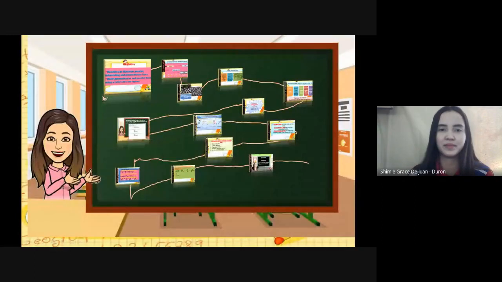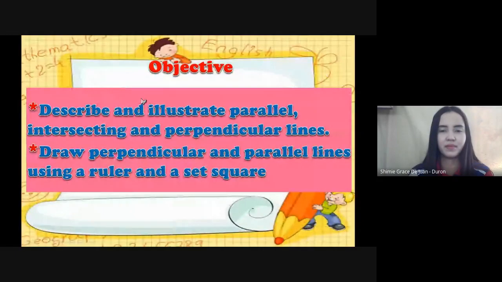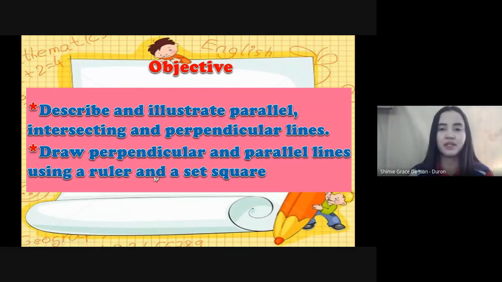So let's go over the objectives of our lesson for this week. You are going to describe and illustrate parallel, intersecting, and perpendicular lines. And you will also be able to draw perpendicular and parallel lines using a ruler and a set square.